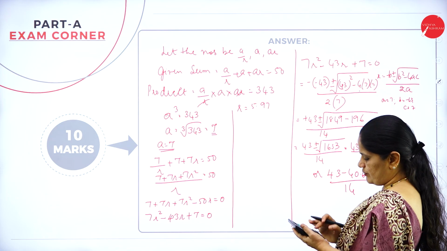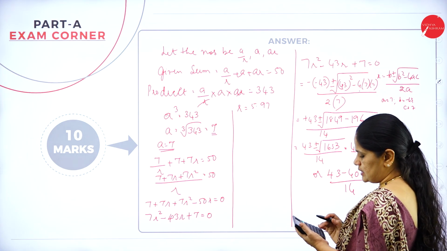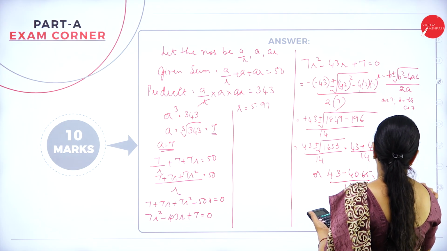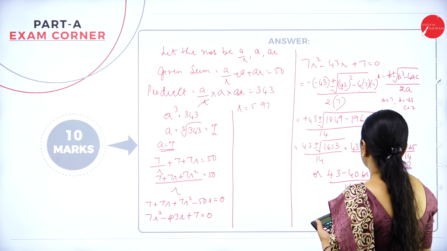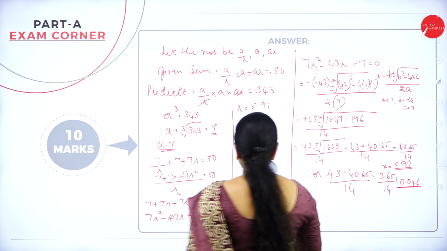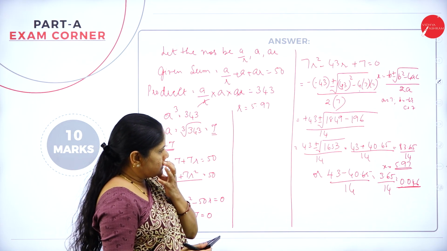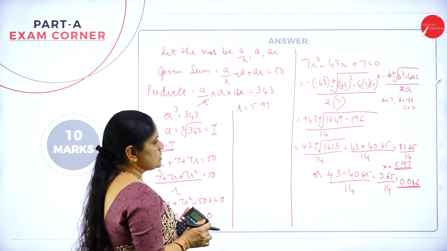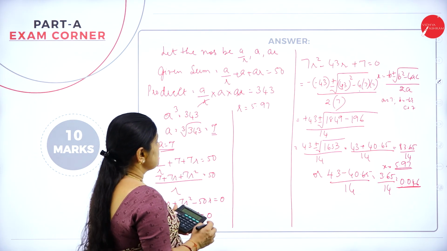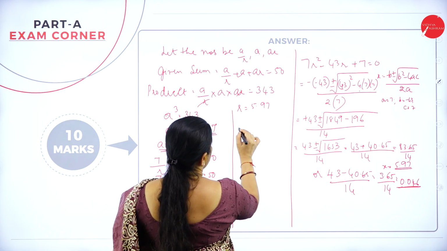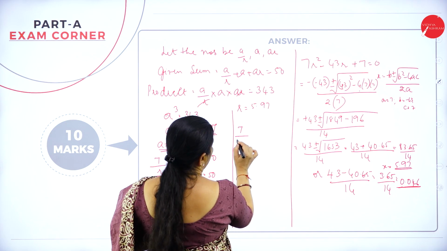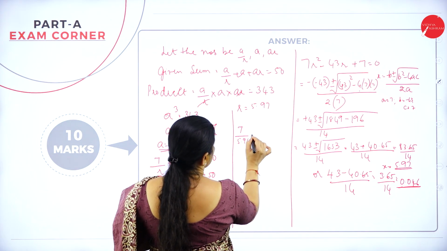So, 3.65 divided by 14 equals 0.046. So, I get the answer as x equals 5.97. So, now we will substitute in the standard form. So, what is the standard form? A by R, A, AR. A equals 7. R will be 5.97.